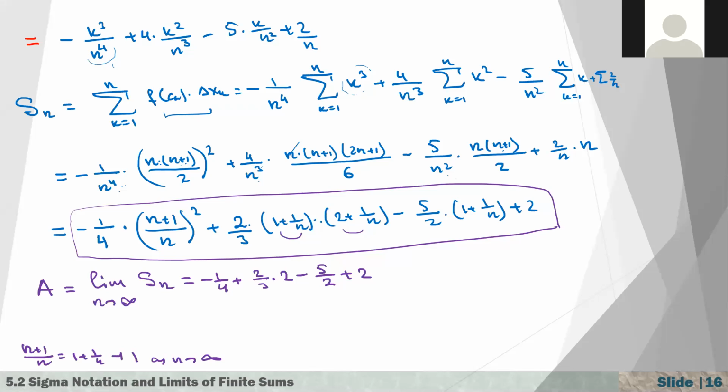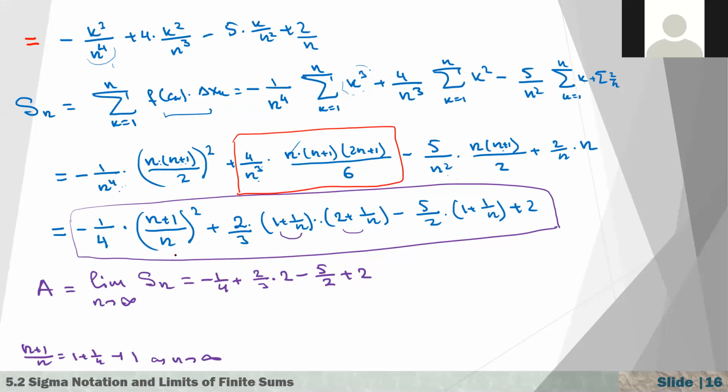Okay, so the mistake was 2 over 3, 1 plus 1 over n square, not n. I don't get it. Can you say again? Are you talking about this one?